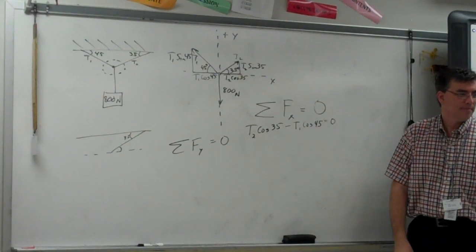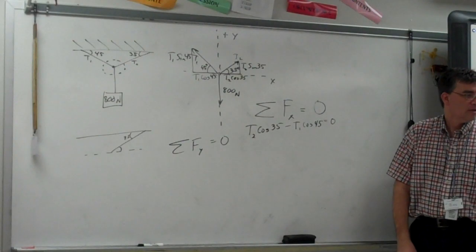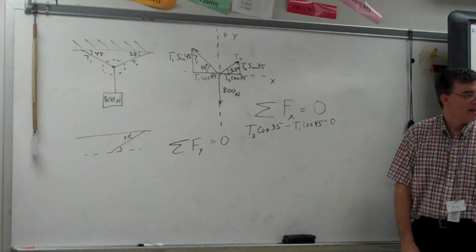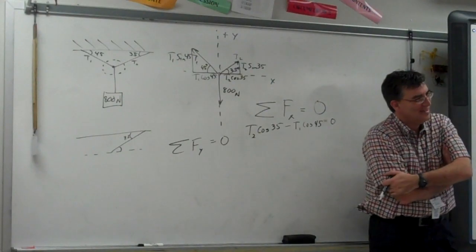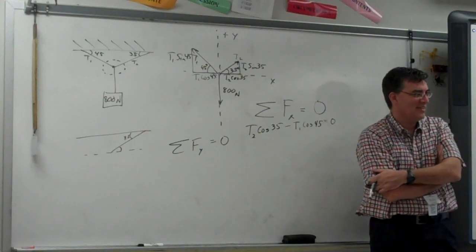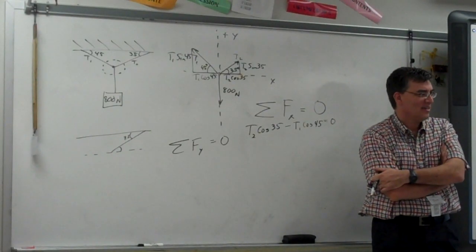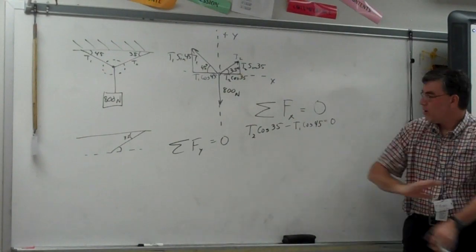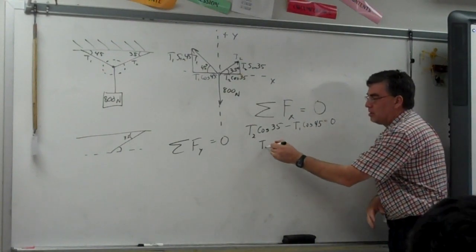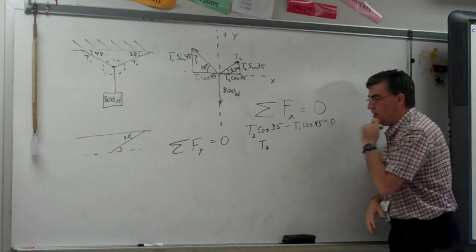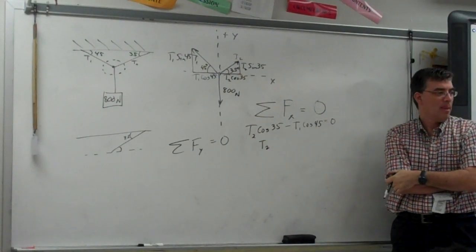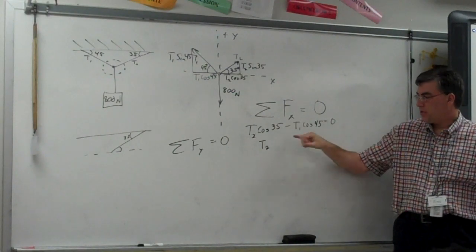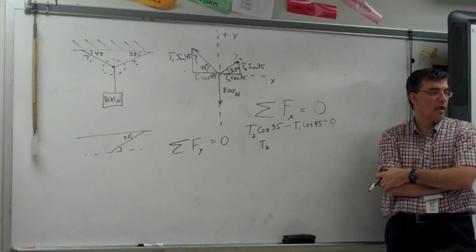So what do we do next? Cody, what do we do next? Okay, well, I want to first get this T2 by itself. So Cody, solve that for me. T2, get it by itself. Tell me how to solve this algebraically for T2.